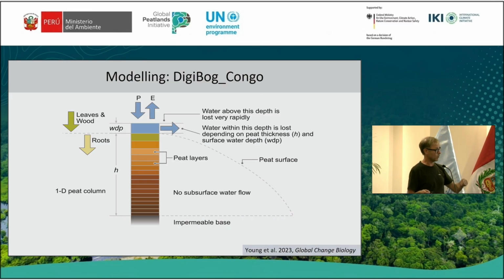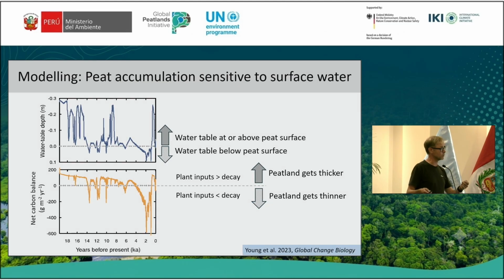So we need to know what the precipitation is, which we have from our paleo record, the temperature, and the evaporation. Then we can run this model that's parameterized specifically for the Congo Basin peatlands, the hardwood swamps in this case, and try to get the model to simulate the past. And this is all published.